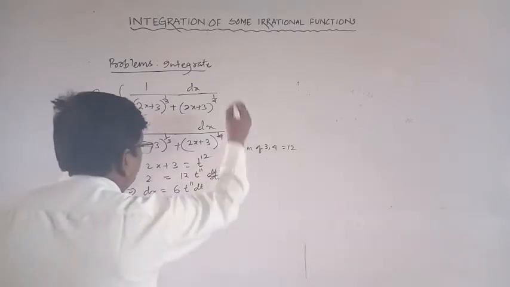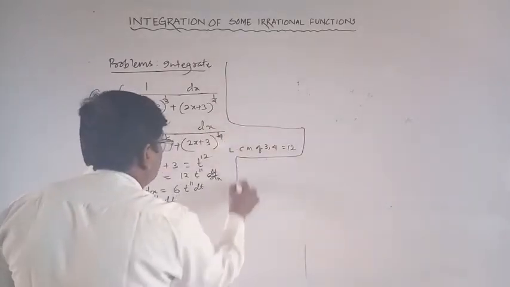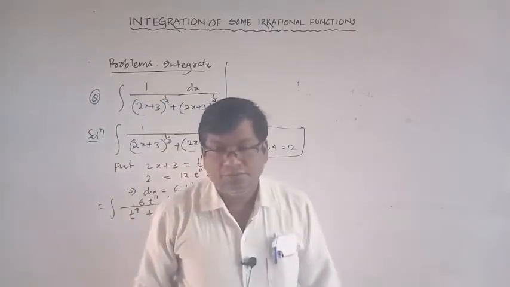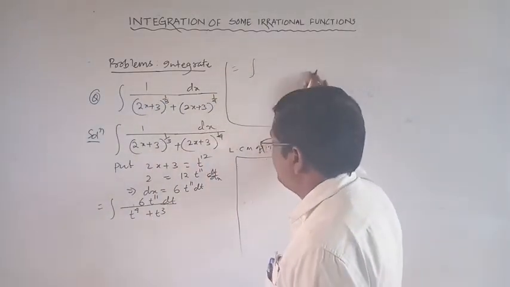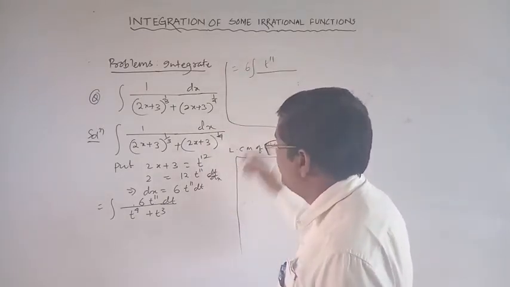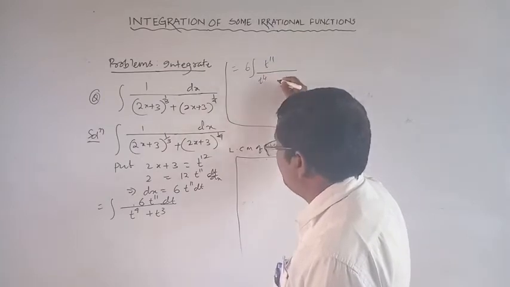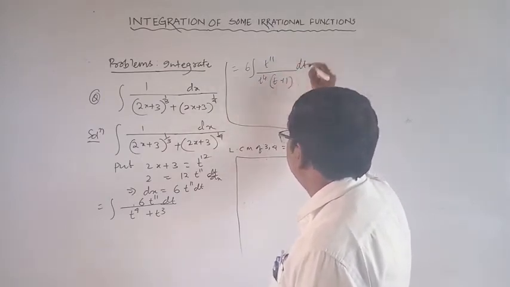Again, this is equal to integration of 6 here t to the 11 common, t fourth common, this is t plus 1 dt.